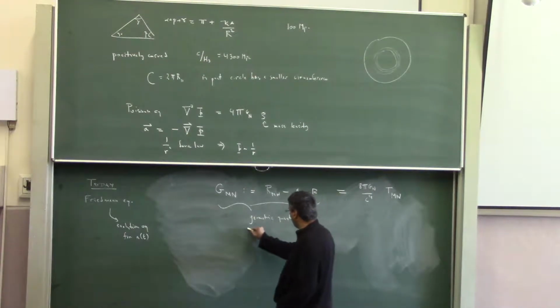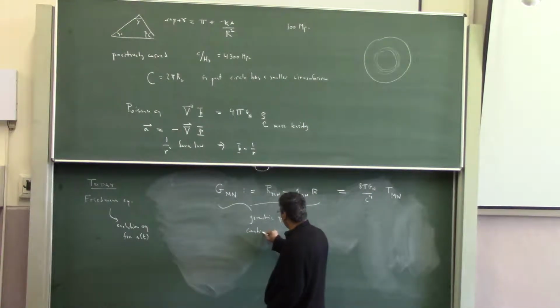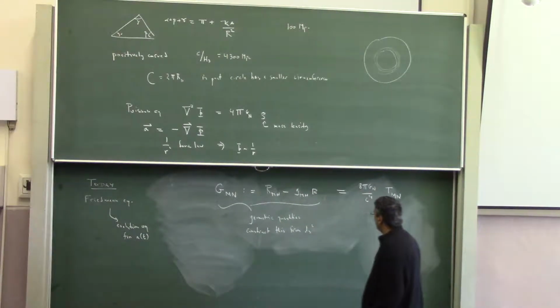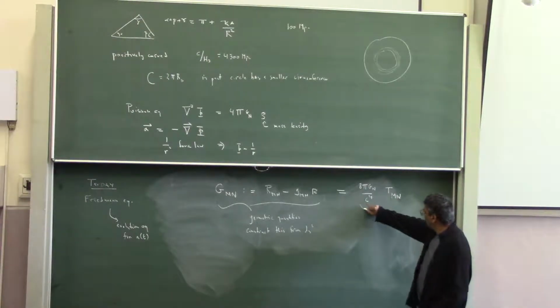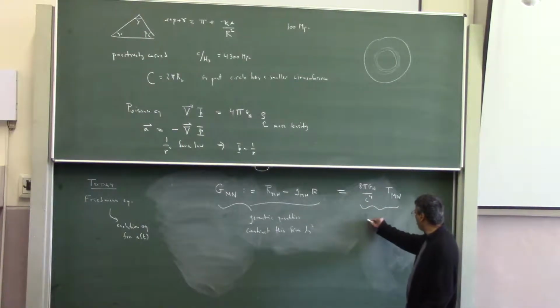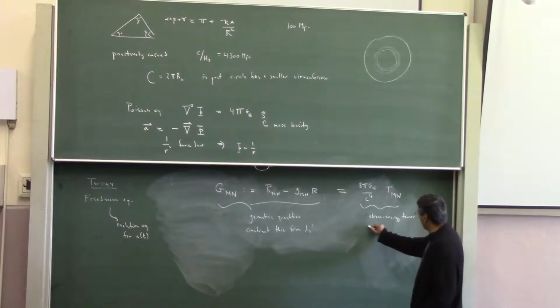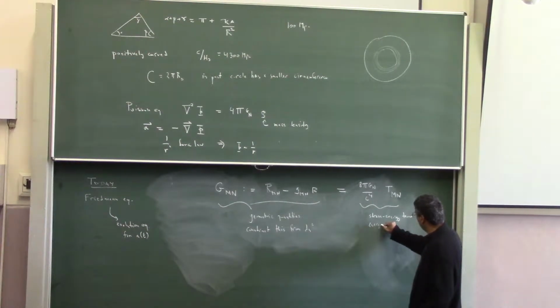And we can construct this from knowing the line element. The right-hand side is a quantity where this tensor here is called the stress energy tensor, or the energy momentum tensor.